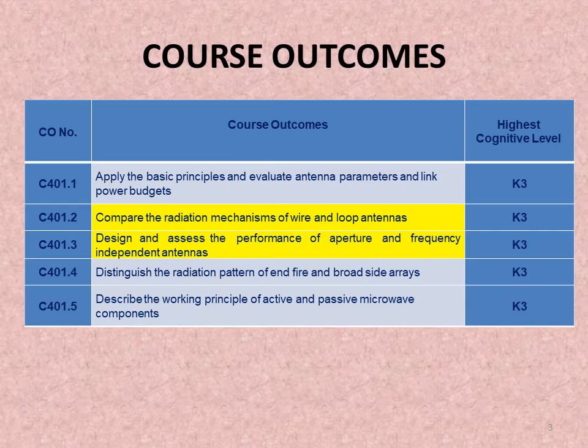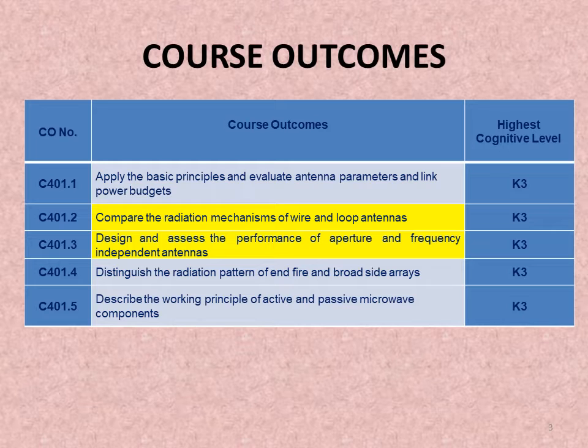Then now coming to the course outcome, specifically this unit is the second unit, so the course outcomes are CO401.2 and CO401.3. So two COs have been taken for this particular unit.